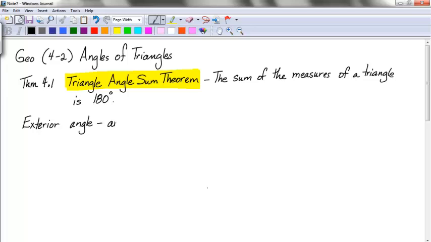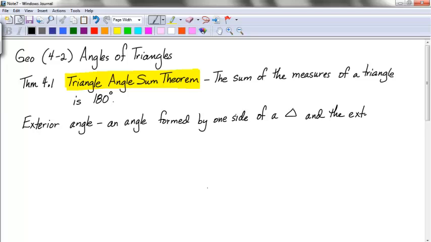It is an angle formed by one side of a triangle, and you can just use your symbol for a triangle, and the extension of another side.